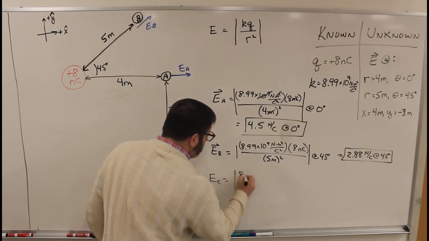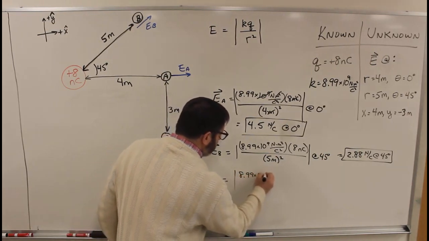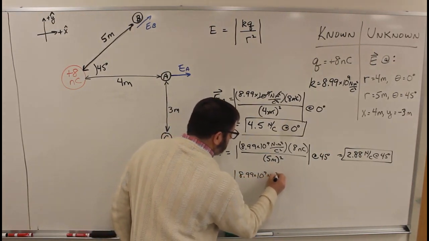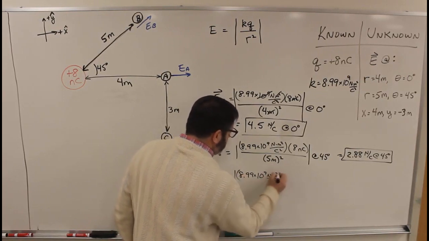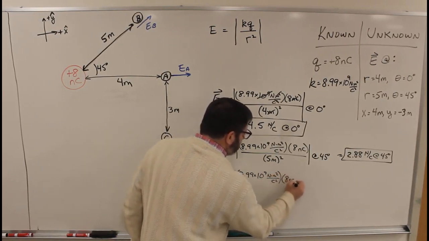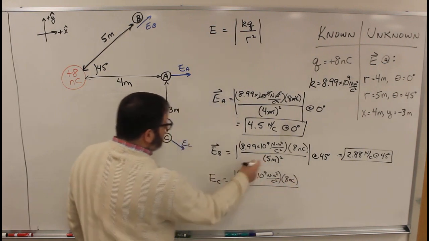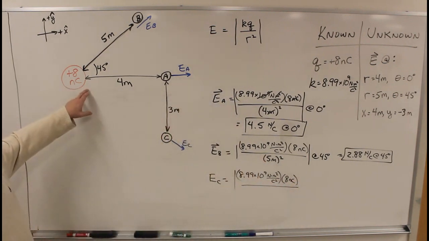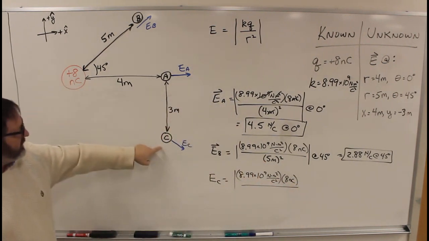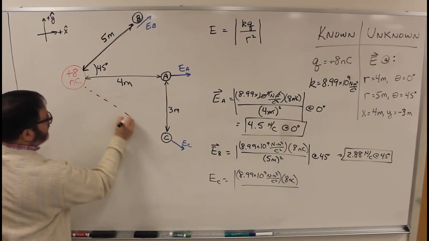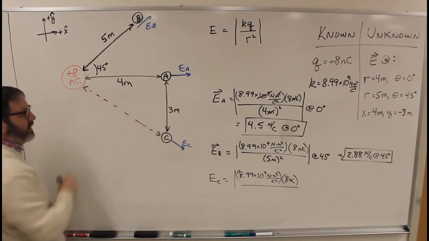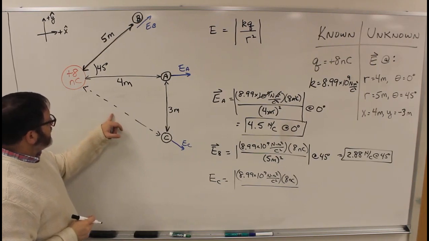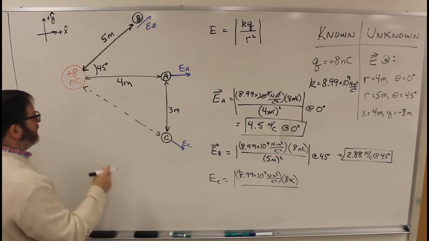EC is 8.99 times 10 to the 9th Newton meters squared per Coulomb squared. Same 8 nanocoulombs. Divide by, now the distance from here to there, that's this distance. So to find that, we can use the Pythagorean theorem.